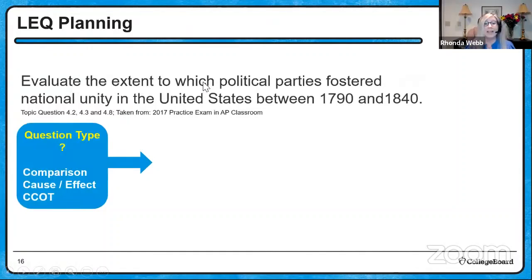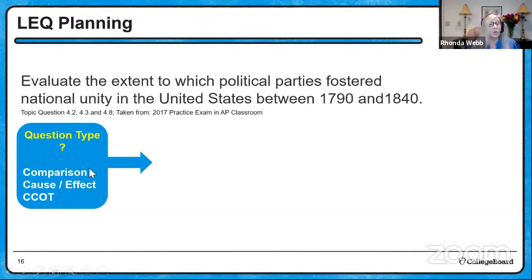So evaluate the extent to which political parties fostered, which means causes, national unity in the United States between 1790 and 1840. So 1790, that's going to be when George Washington becomes president, and then 1840 would be around the time of Jackson. And we're going to talk about Andrew Jackson, because after that whole corrupt bargain business, guess what? Jackson ends up coming in and winning the next election.